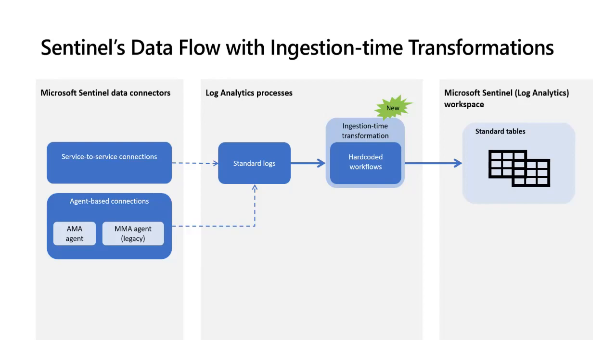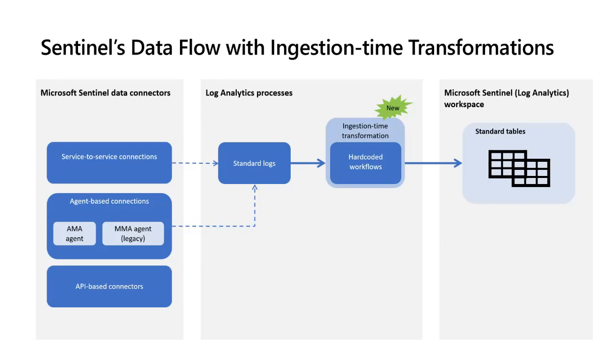Additionally, with this feature, we are able to extend the existing schemas that Microsoft has defined with the addition of new fields. So if, for example, I want to extend the sign-in logs table schema, I can now add a new additional field that will have a _CF at the end, for custom field, at the end of that table. So we can have an enriched set of capabilities with the same table.